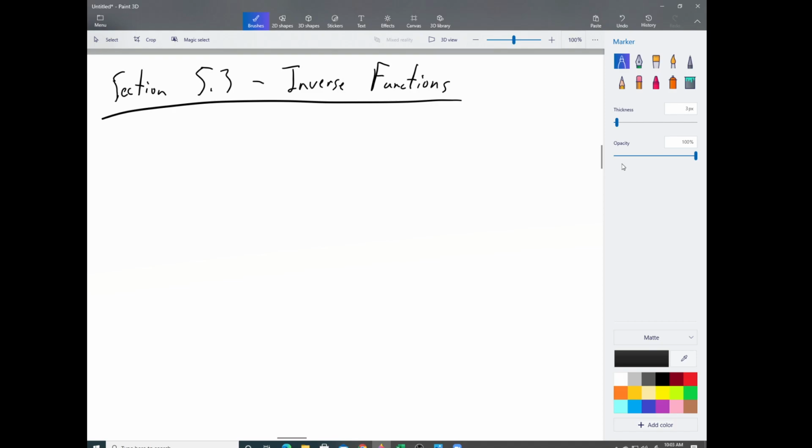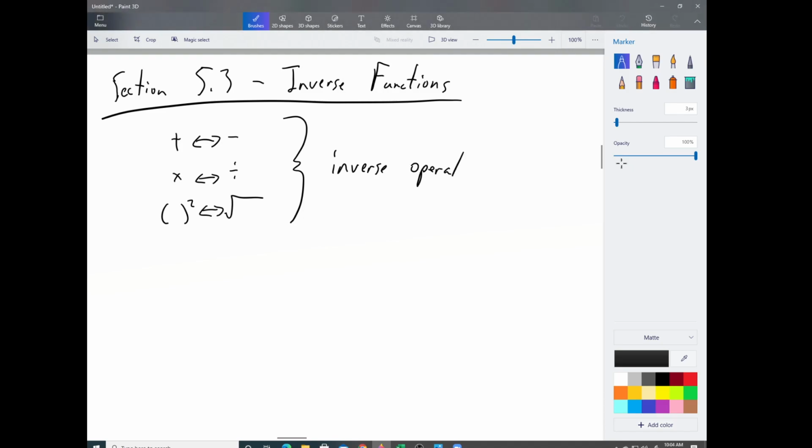But before I do that, like I said, I do want to do a little bit of the algebra. So first of all, I want to point out, you guys are used to inverses. These aren't inverse functions, but these are inverse operations.